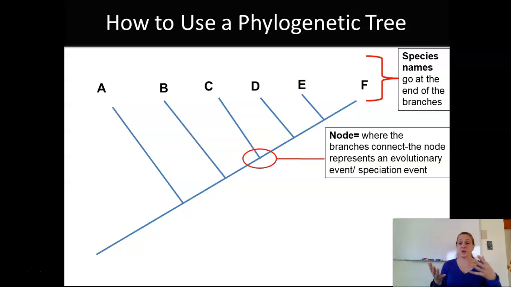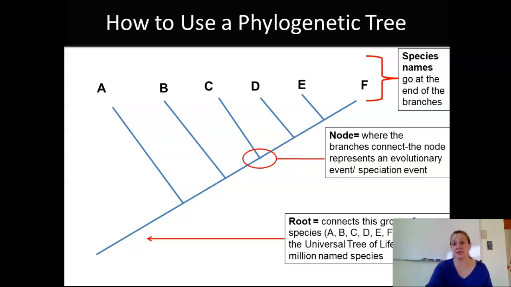Some kind of change in a gene or multiple genes, something happened. And now species C is no longer able to interbreed with species B or species D. I have that separation in species. At the very end, I'm going to have this root, and that's connecting all of these species that I want to look at back to the universal tree of life with the 8.7 million named species.